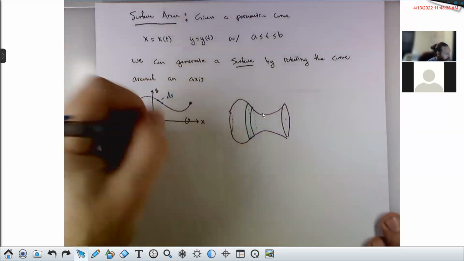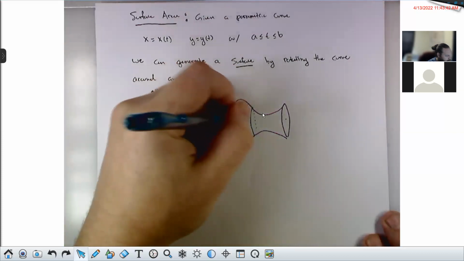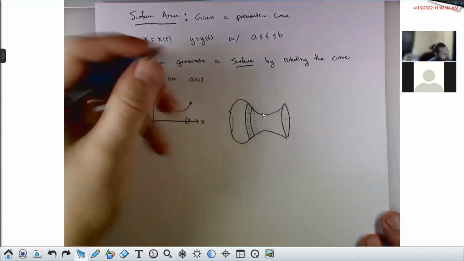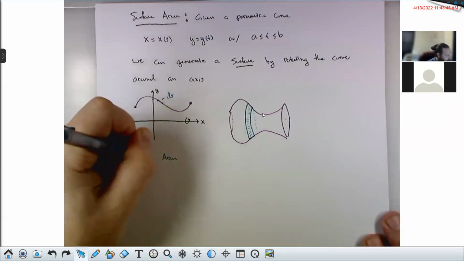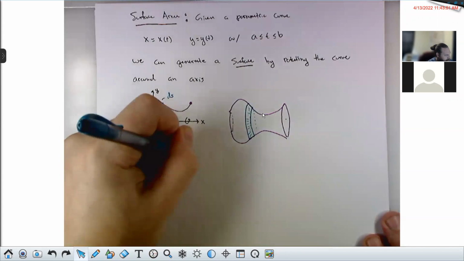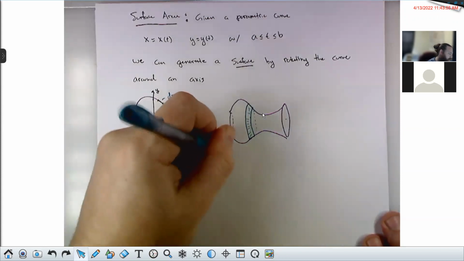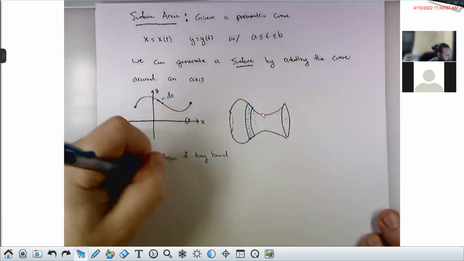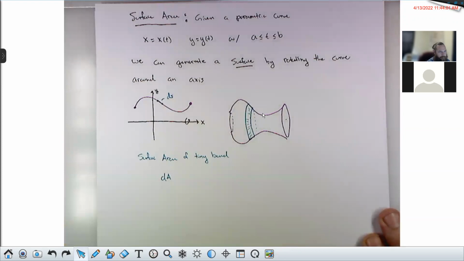The surface area of the tiny band, I will call dA, A for area, d for tiny.